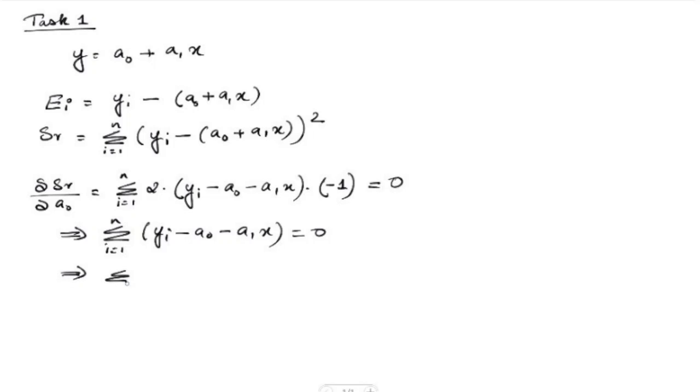So we'll have summation from i equal to 1 till n of yi, minus summation i equal to 1 to n of a0, minus summation i equal to 1 till n of a1 x. So this is equal to 0.